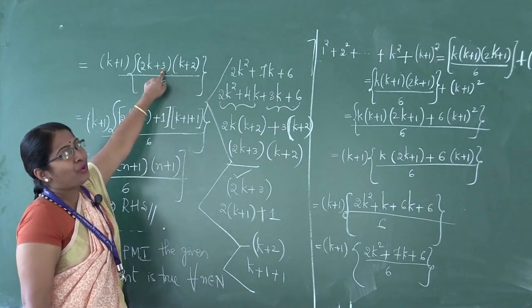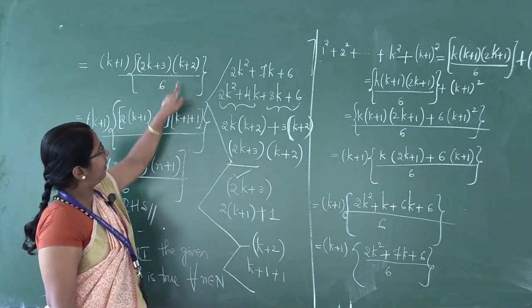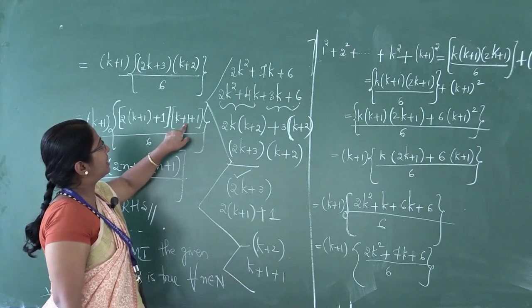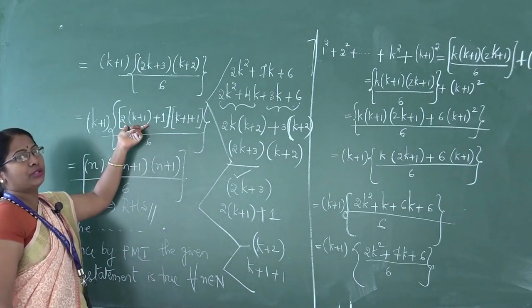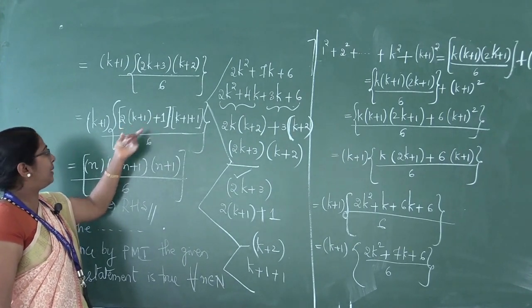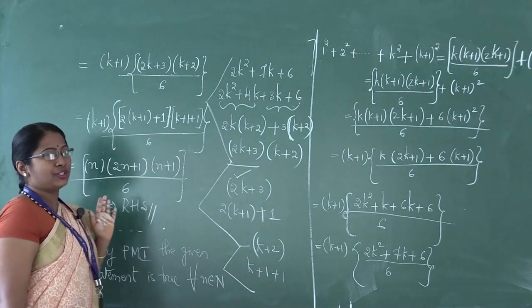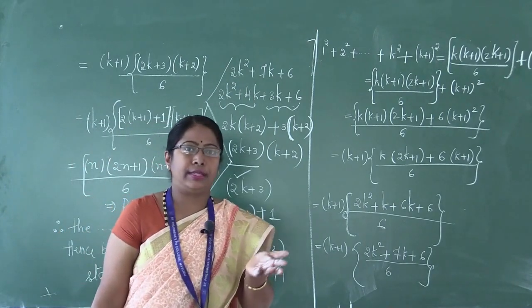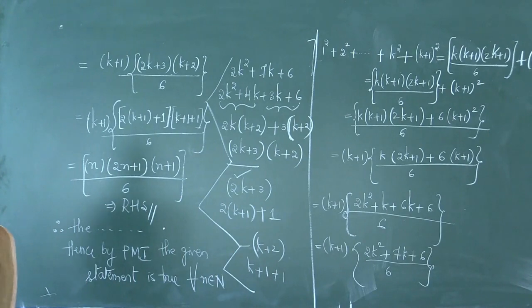Only when I add 1 to the number 2, I get 3. Similarly, k I'll represent in terms of k plus 1 plus 1. According to the last step, what is n equal to? K plus 1. So wherever there is k plus 1, I will be writing n. And we arrived at RHS. Clear? Next. Moving on to the third problem.